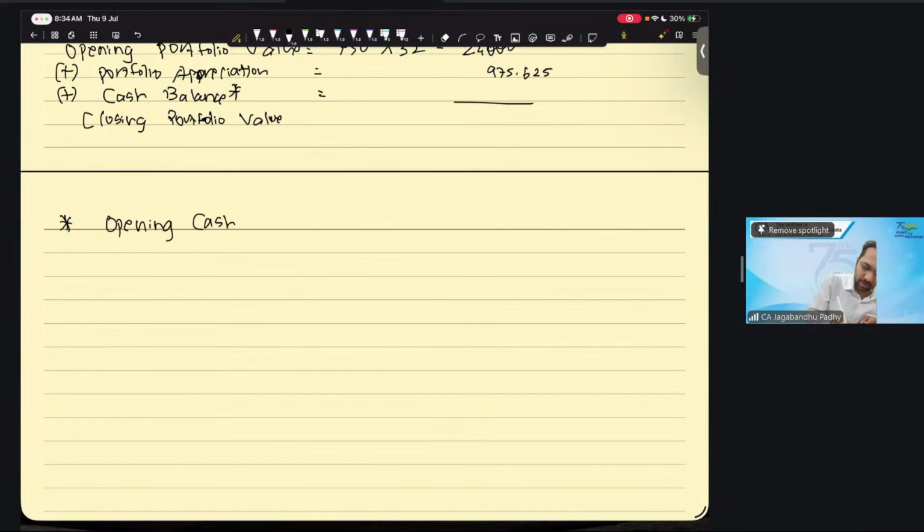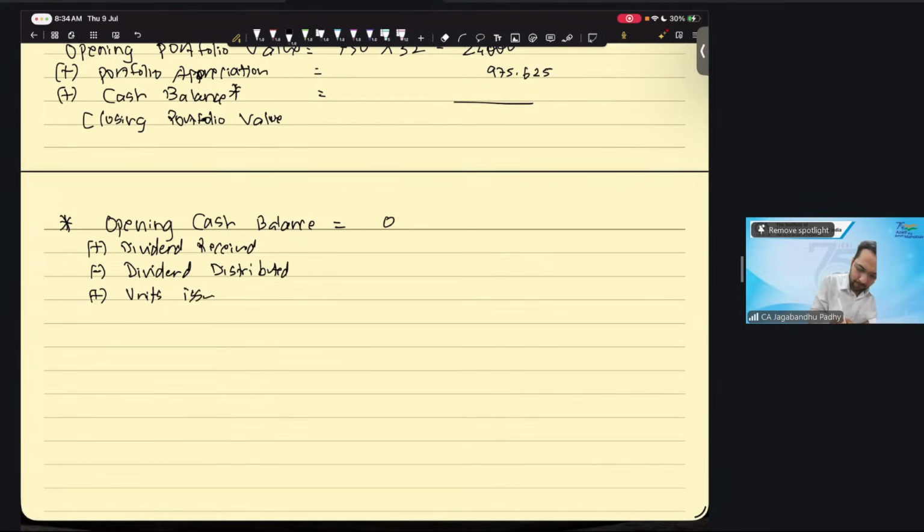So you have opening cash balance, which has not been specified anything. So we'll say 0. Add to it dividend received, subtract dividend distributed, again add units issued and less units redeemed.